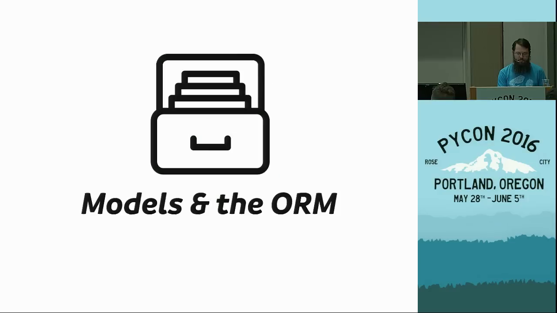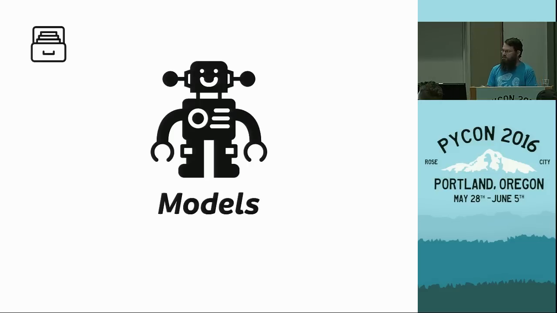Okay. So let's talk about models and the ORM. So models are classes. They relate pretty closely to database tables. Occasionally they don't. We'll talk about why in a moment. And their fields represent columns in a table. Each record is a row in the table.